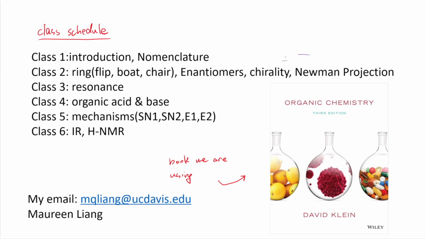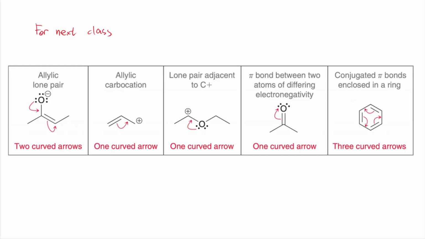We're here, but we're already at class 3. So I'll keep up a little bit, or maybe I'll keep it chill and let everyone understand all the things. For next class, we're going to learn how to draw resonance structures. Okay. We're good.